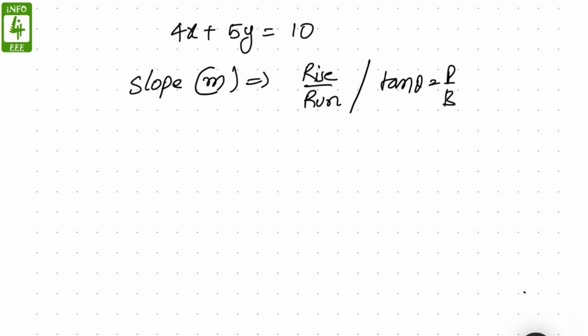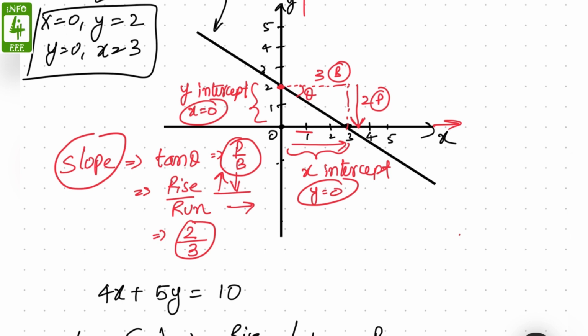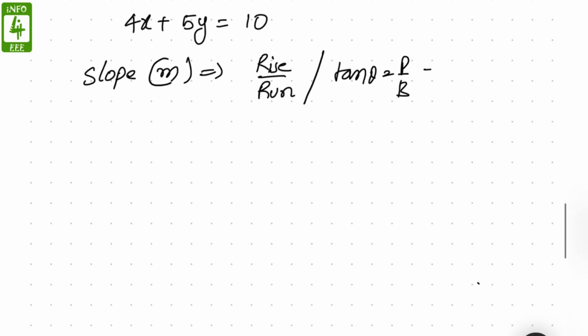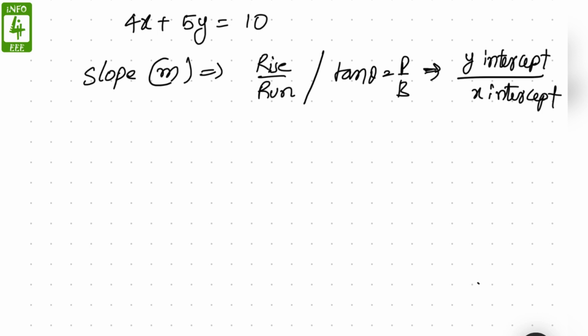Where the perpendicular is nothing but your y-intercept, and this base is nothing but your x-intercept. So now we can say that the slope is y-intercept upon x-intercept. Now if you use this method, you can find the slope directly, and you can also find the intercepts from this equation.